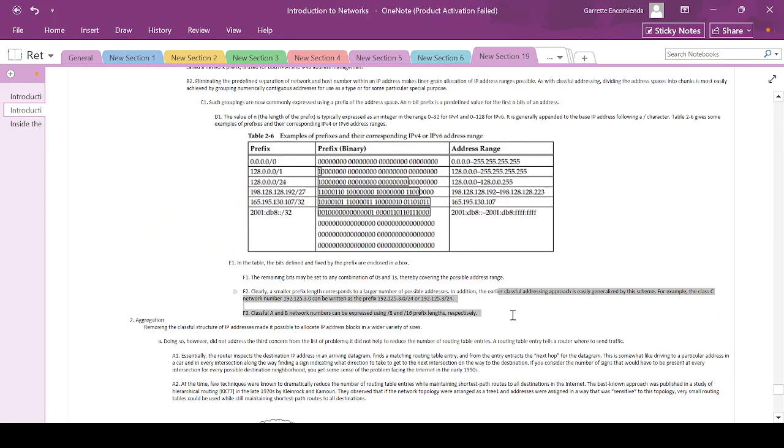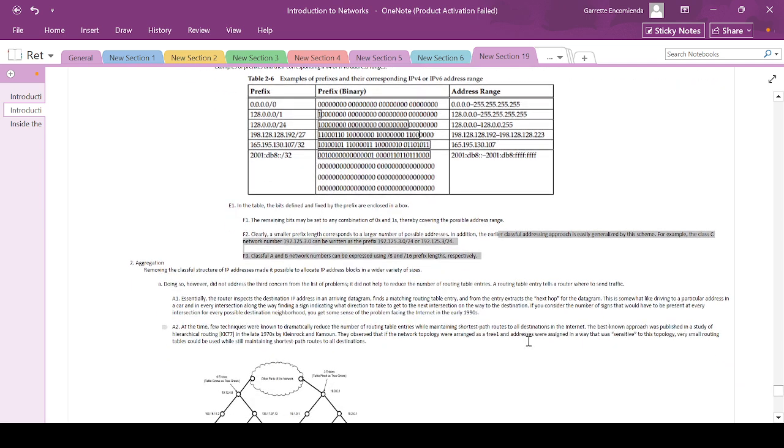In addition, the earlier classful addressing approach is easily generalized by this scheme. For example, the class C network number 192.125.3.0 can be written as the prefix 192.125.3.0/24. So the classes could be inside one of these prefixes.